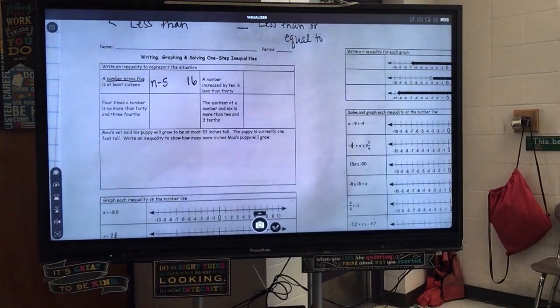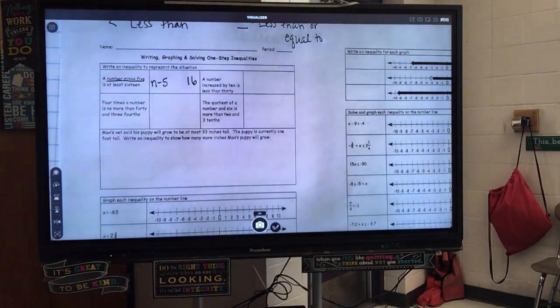What you're going to do is stand up when you think you know the answer. So stand up if you picked greater than. Stand up if you picked less than. Stand up if you picked greater than or equal to. Stand up if you picked less than or equal to.